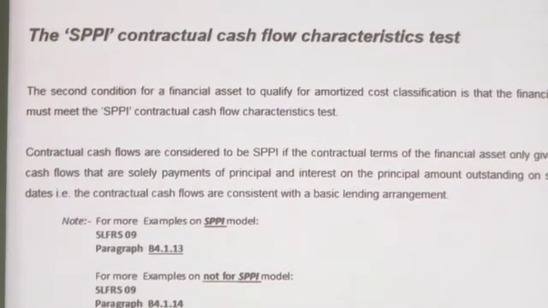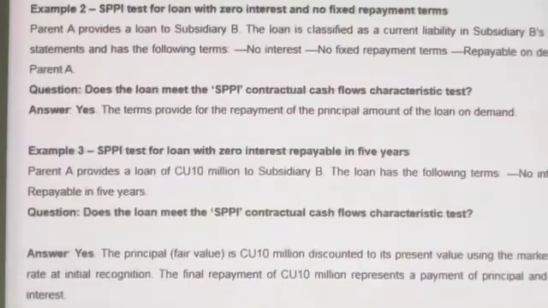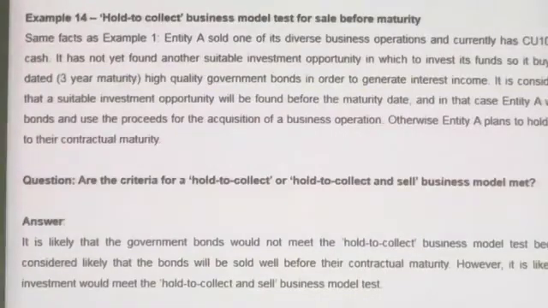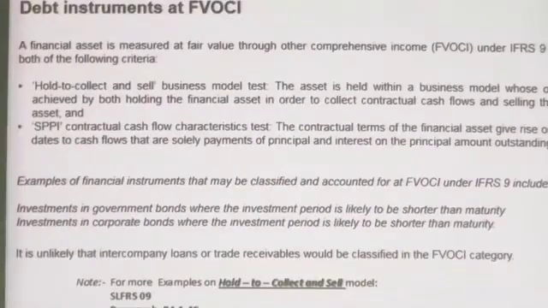If you want examples for not SPPI, not SPPI means definitely fair value through P&L. Is that clear? B4.1.14. Right? These are the examples as I have explained. Then you need to understand what is hold to collect and what is hold to collect and sell. Clear? I will give a nice example, listen to me.